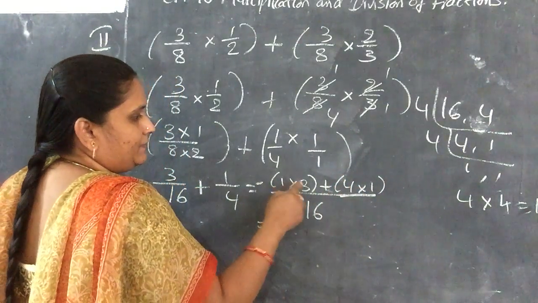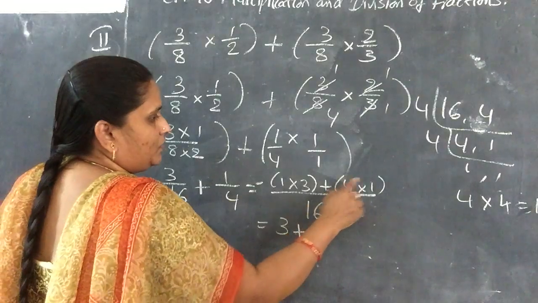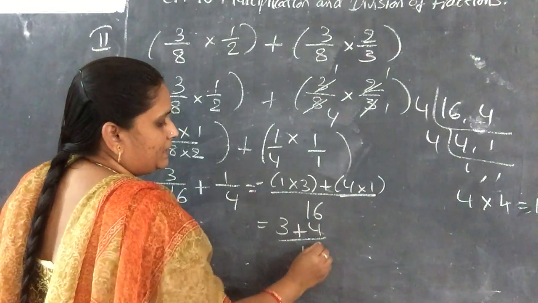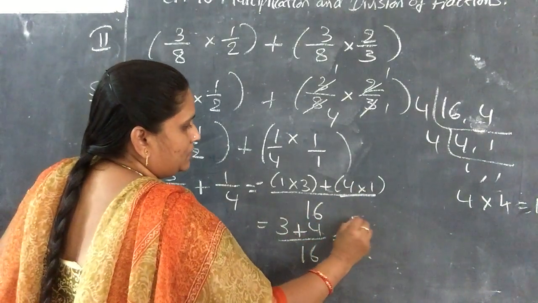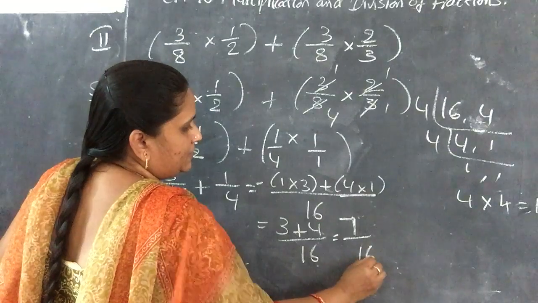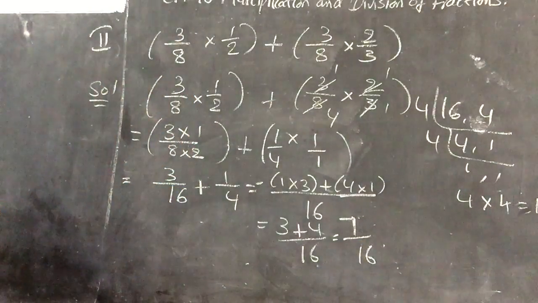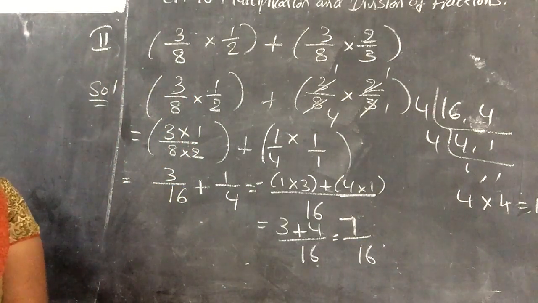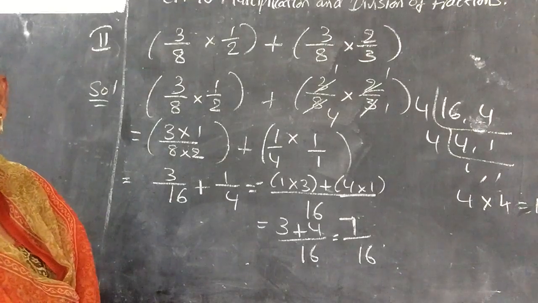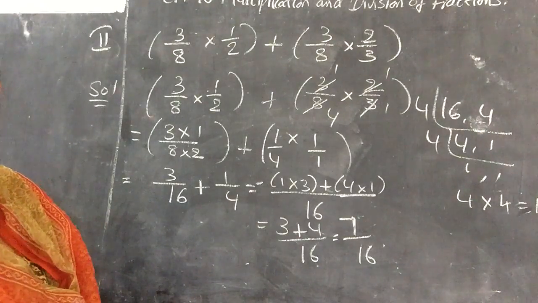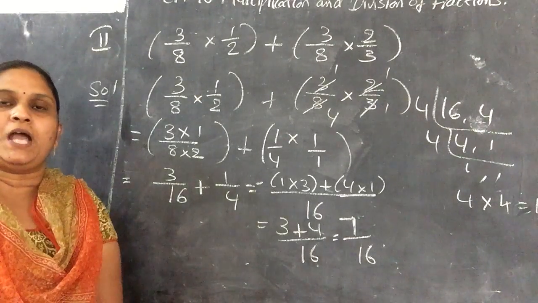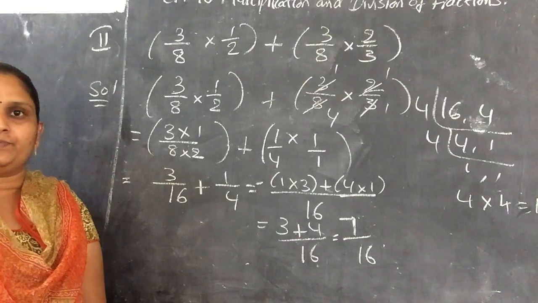And the answer is 3 ones are 3 plus 4 ones are 4 by 16 is equal to 7 by 16 is the answer. And the next one is subtraction, children. That also you can do like this only after simplification.